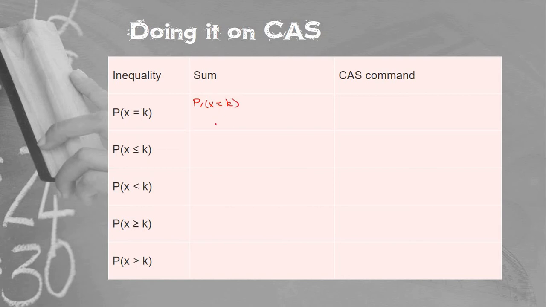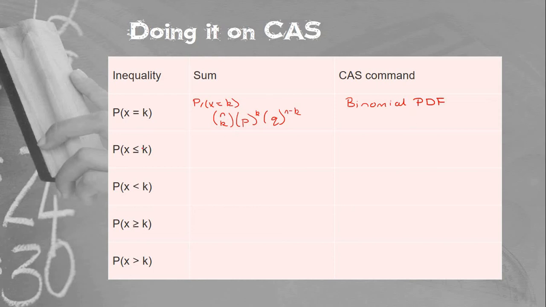So I'd be doing that n choose k, p to the power of k, q to the power of n minus k. Alright. When I do that in our CAS command, it's something called binomial PDF, and I will show you this in a minute, but it is really important we get that right.